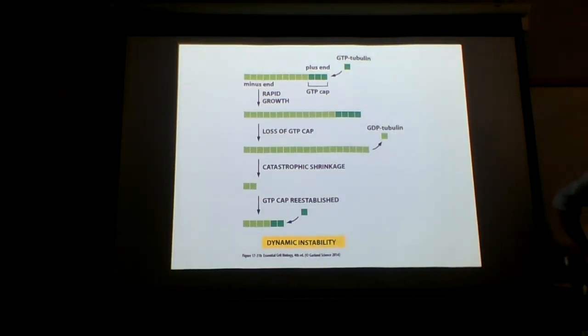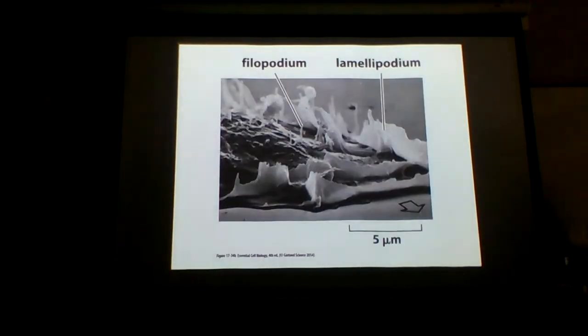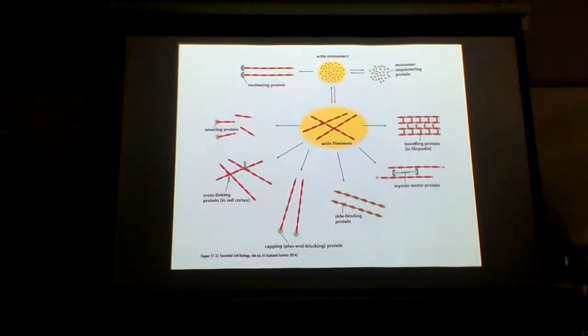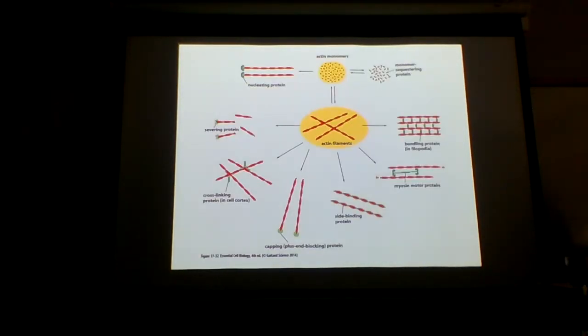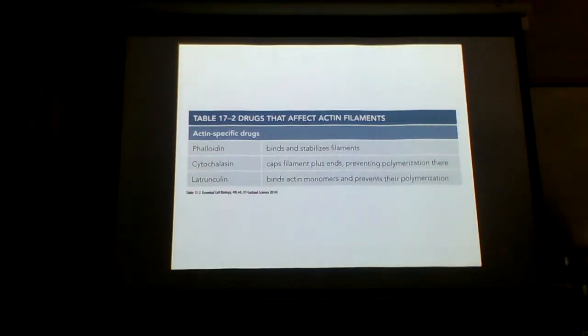All right, we have again the dynamic instability, the plus end, and there is a GTP associated with it, and it does hydrolyze, but we're looking at tubulin again. What the heck? Oh, there we are. Wait. Back up. Where are we?